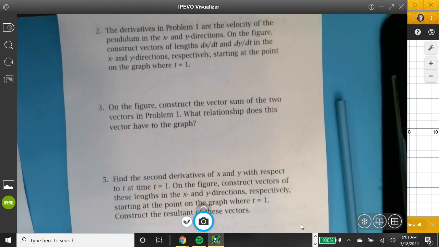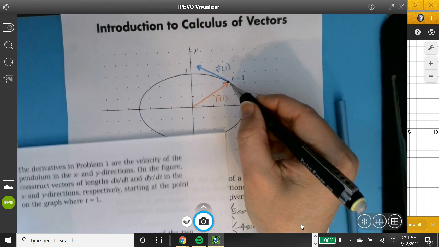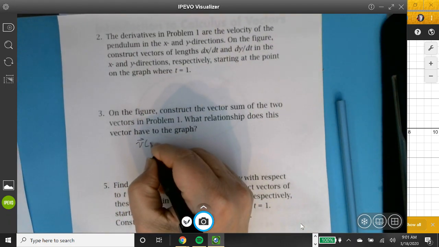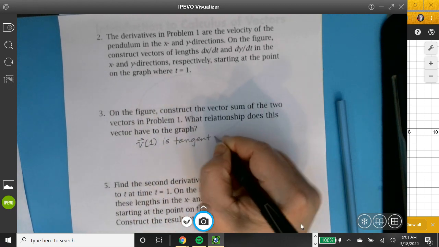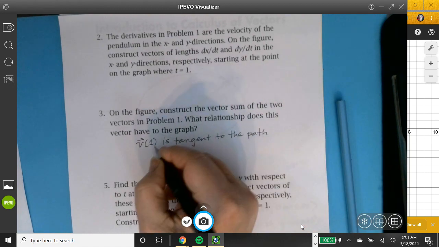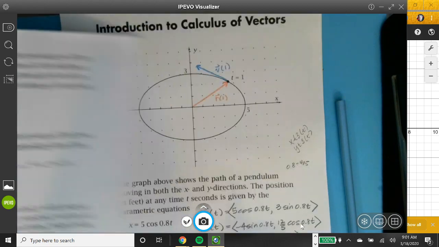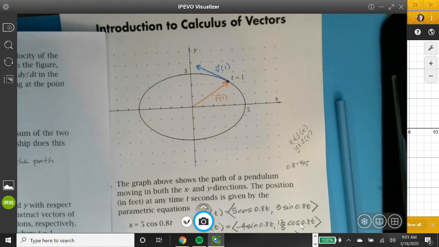What they want you to notice is the velocity vector is tangential to the path. So we're going to say the velocity at 1 is tangent to the path at t equals 1, which is pretty cool. Okay, now we're going to see what the relationship is with the acceleration.